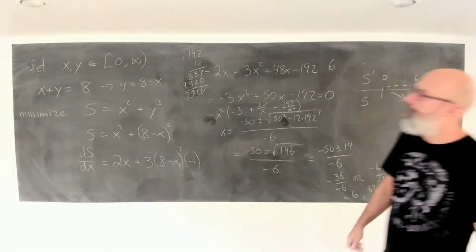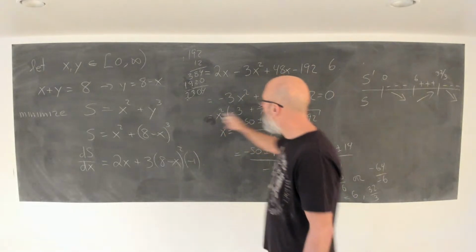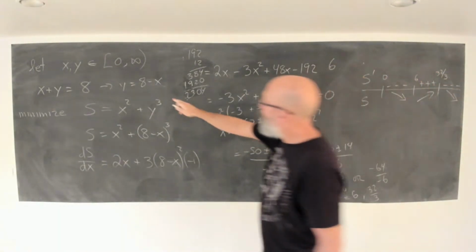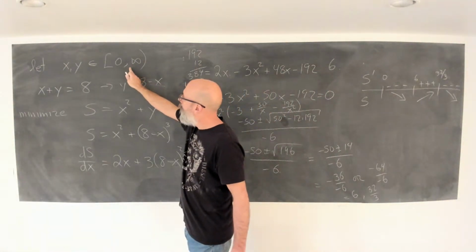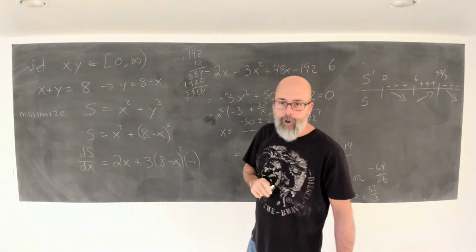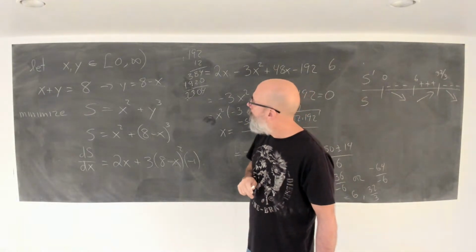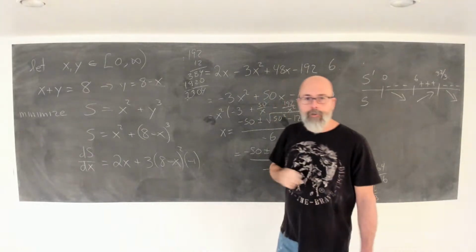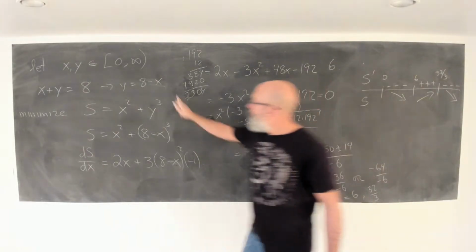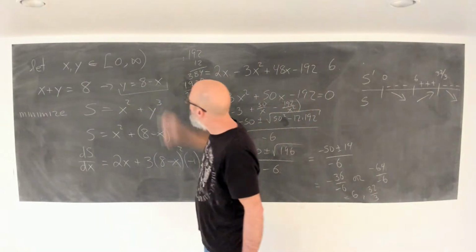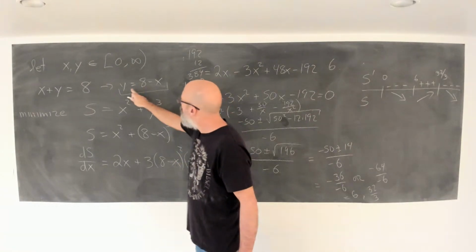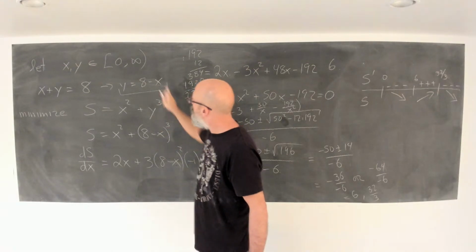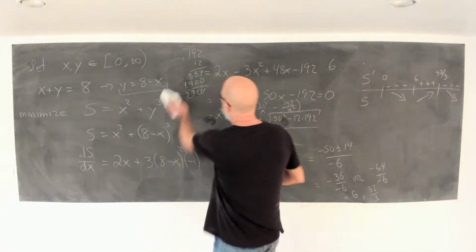I mean, let me point out that this, while not wrong, we probably should have restricted our domain a lot more, right? What was the original question asking for? 2 positive numbers. So if we look at this, of course, if x is bigger than 8, this is no longer going to be positive.